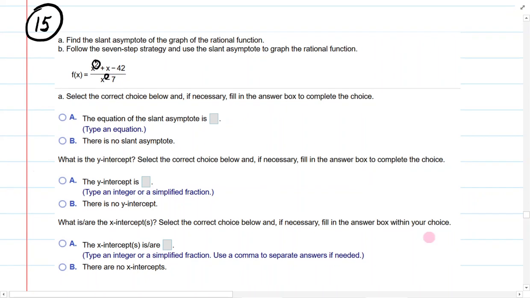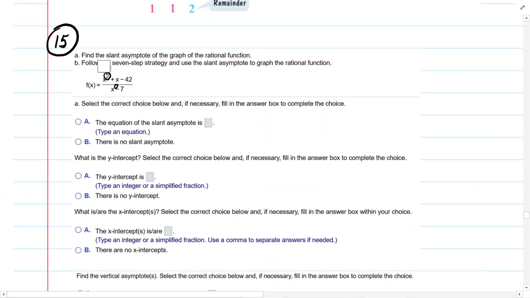Now, how do I find a slant asymptote? I find it by dividing. Now you have two choices. You can divide x minus 7 into x squared plus x minus 42 using long division. Or you can do it synthetically. That's what I'm going to do.